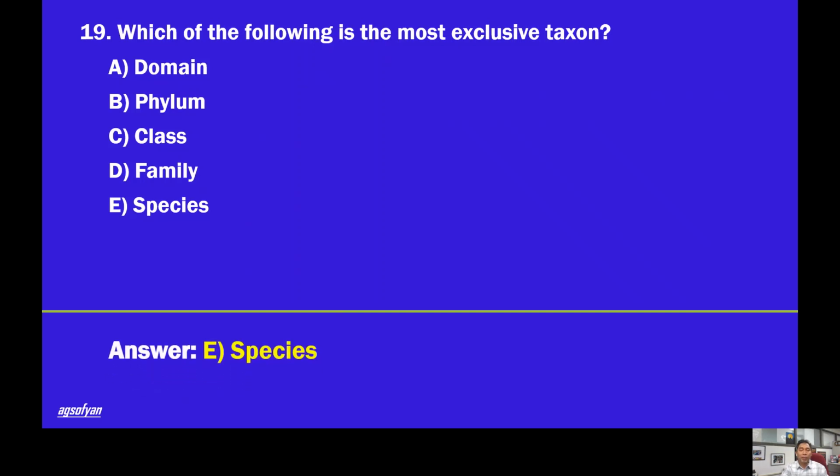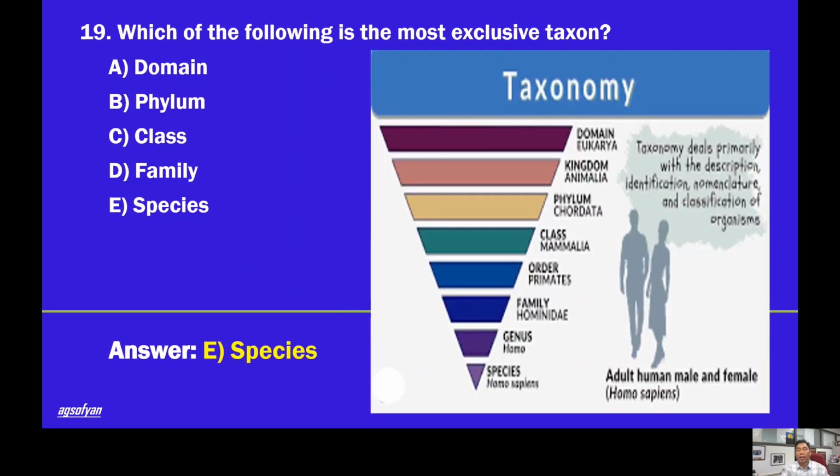Yes, the answer should be species, because species only consists of one type of organism. So it's the most exclusive one. The bottom one here consists only of the same group of organisms. The most inclusive one is domain, after that kingdom, after that phylum, and so on, and the most exclusive one will be species.